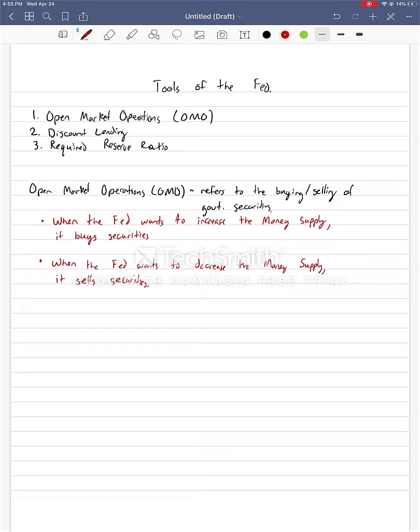So let's look at this first scenario. When the Fed buys government securities, that's going to lead to an increase in checkable deposits.